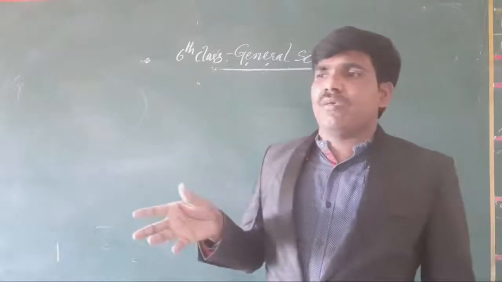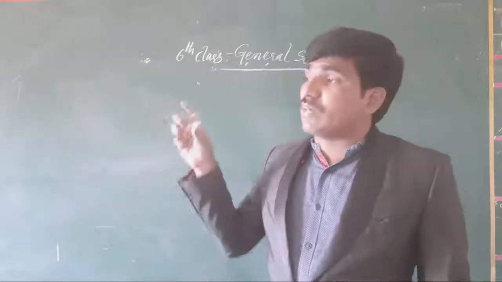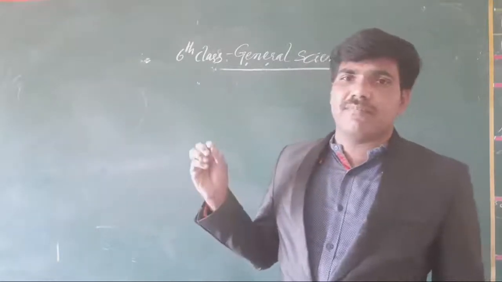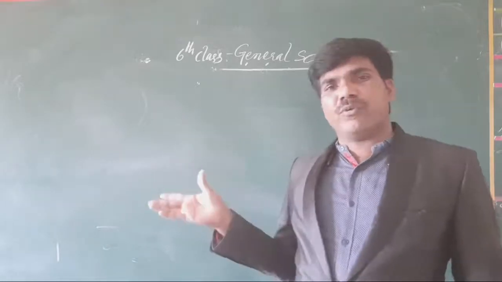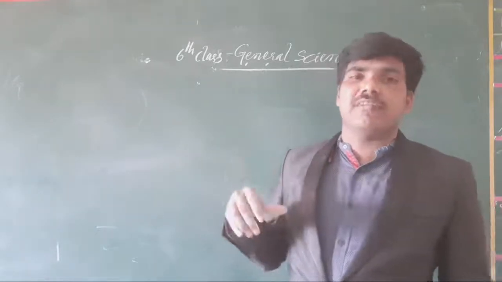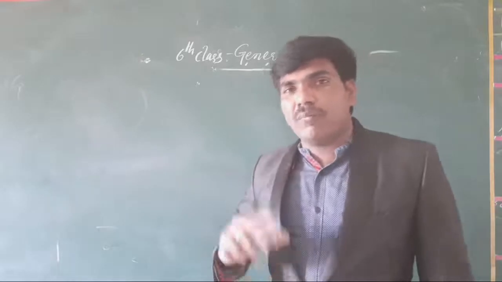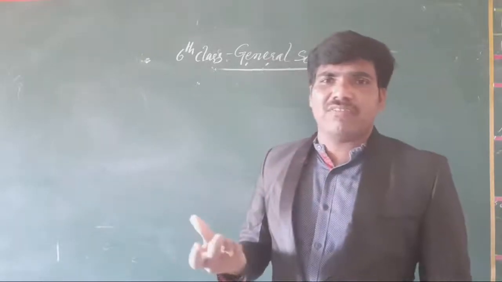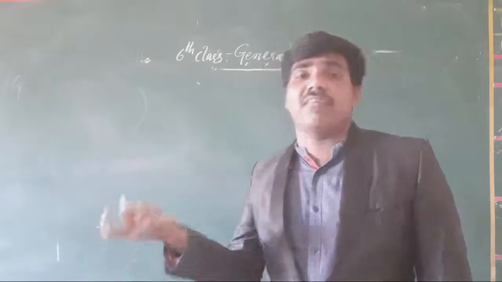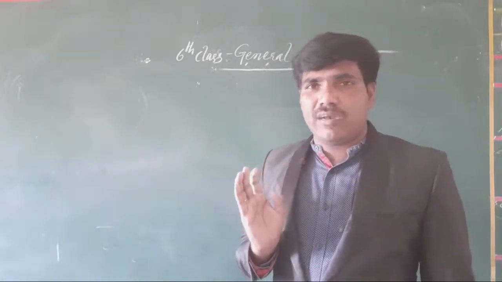Different foods are taken by different animals. Sometimes the same food is taken by different animals in different ways. Sometimes different animals take the same food in a similar format. Clear or not, all of you?